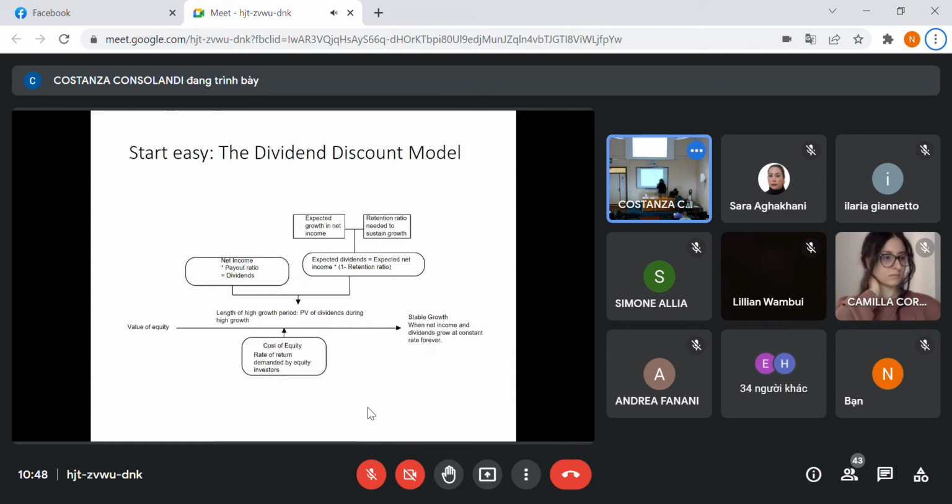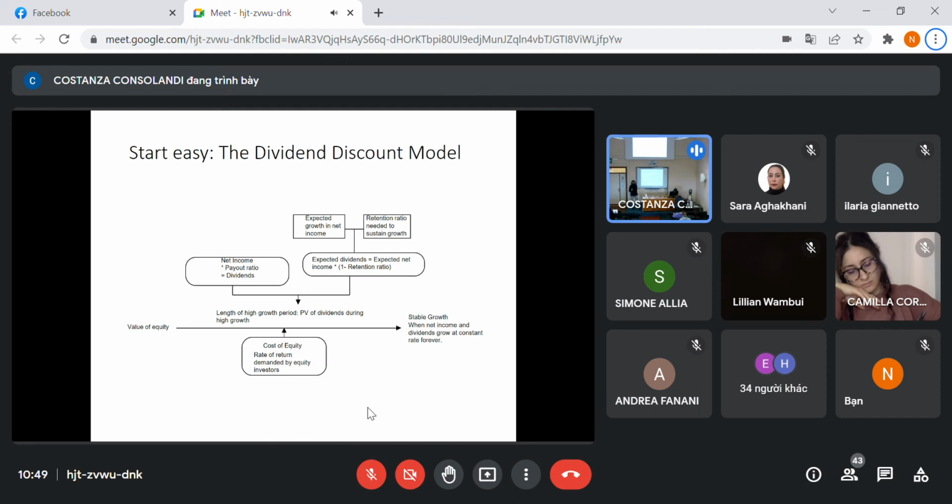Here is the assumption we need to make. So let's start easy, and let's start with the dividend discount model. Okay. Now, how do I calculate the dividends? Dividends are equal to net income times the payout ratio. Okay, which is the payout ratio?